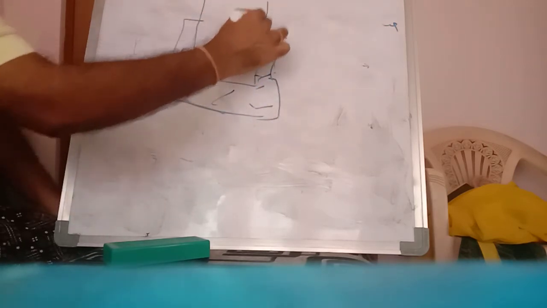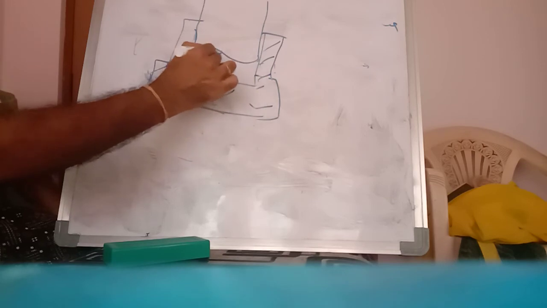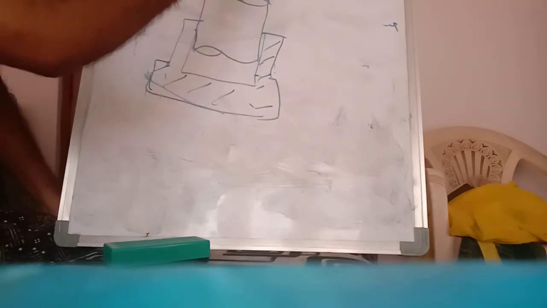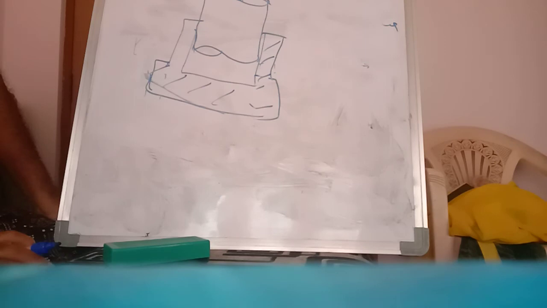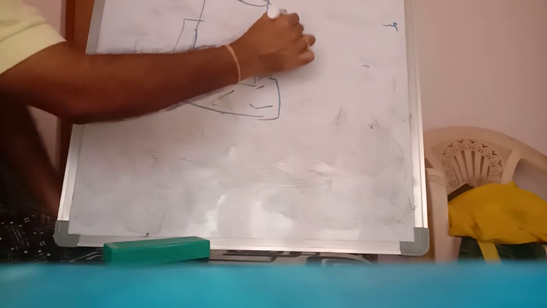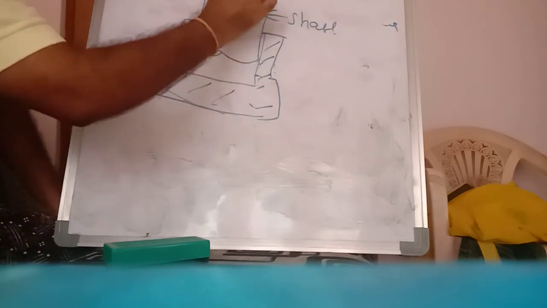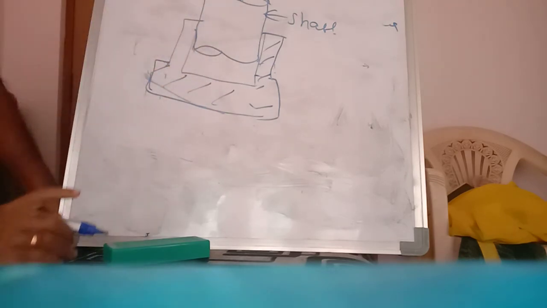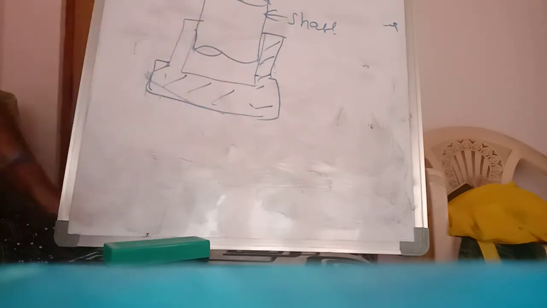So there is a shaft. If you apply the load here, it contains only one motion. Because of the applied force it will move only in one direction. That type of motion is known as partially constrained motion.